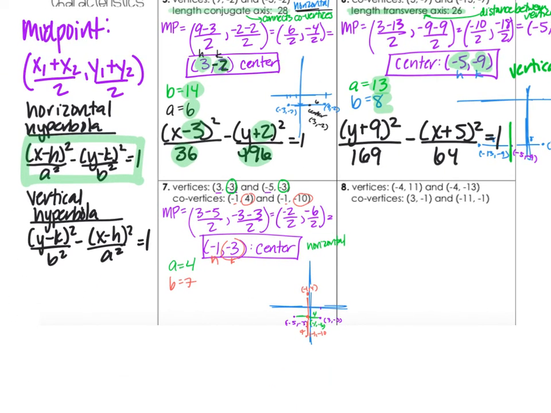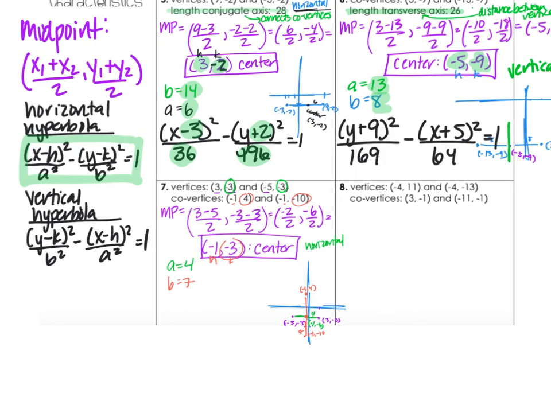So our horizontal hyperbola says that we have x minus h, which is -1, so plus 1 squared, over a squared, which would be 4 squared, 16, minus y minus k, which is minus a -3, so plus 3 squared, over b squared, which is 7 squared, 49, equals 1.